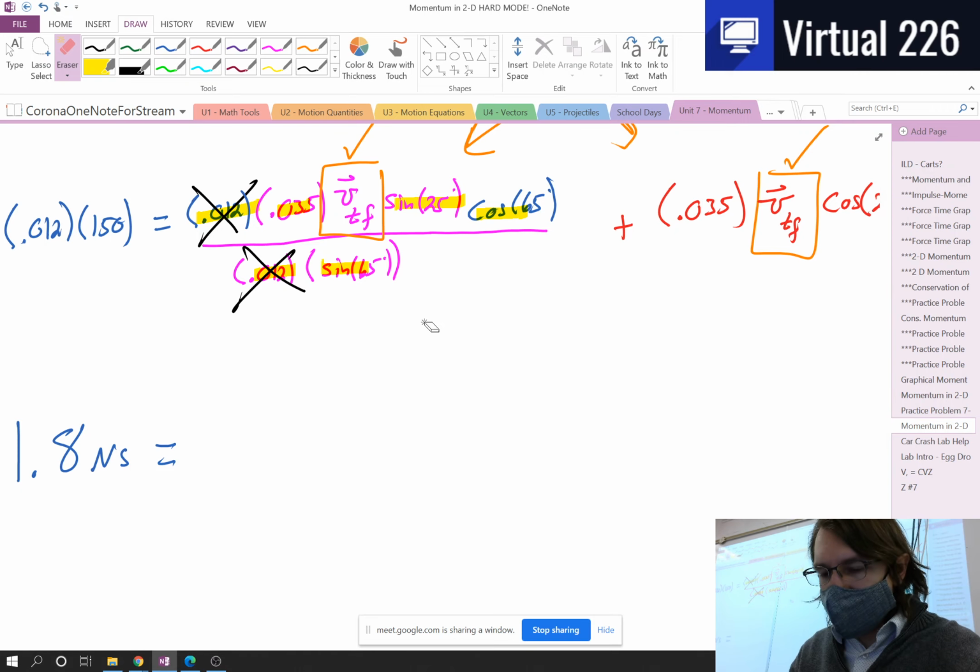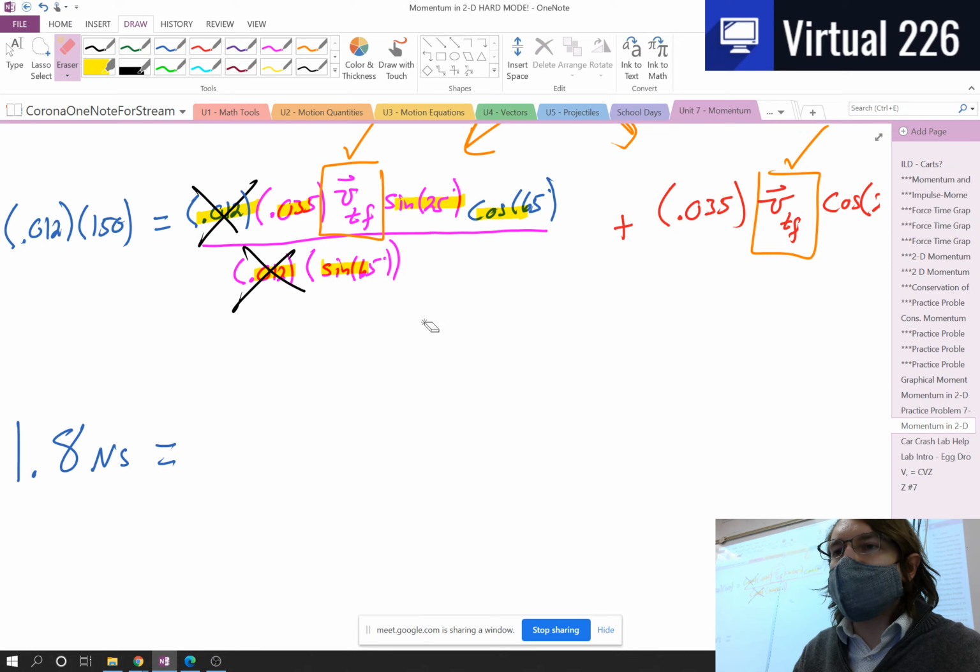We've got 0.035 multiplied by the sine of 25. Make sure you're in degrees or else everything's going sideways. And I got 0.01479. I'm just going to keep that entire quantity here. I'm not going to do any rounding early. I'm just going to take that quantity and multiply it by the cosine of 65. I get 0.00625, blah, blah, blah.